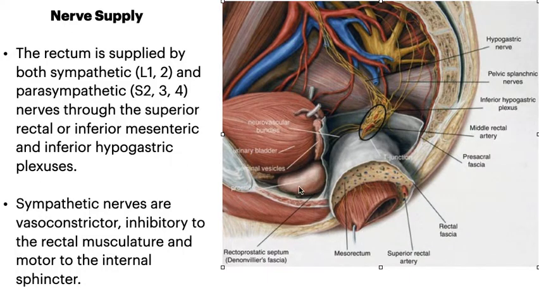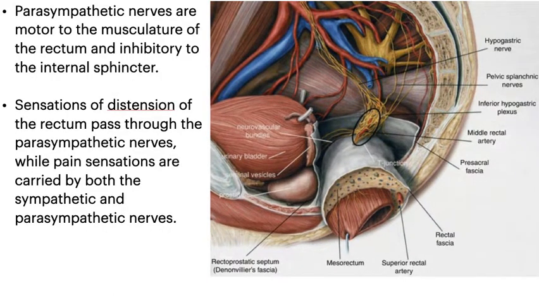The sympathetic nerves are vasoconstrictors, inhibitory to the rectal musculature, and motor to the internal anal sphincter. The parasympathetic nerves are motor to the musculature of the rectum and inhibitory to the internal sphincter. Sensation of distension of the rectum passes through the parasympathetic nerves or the pelvic splanchnic nerves, while the pain sensations are carried by both sympathetic and parasympathetic.